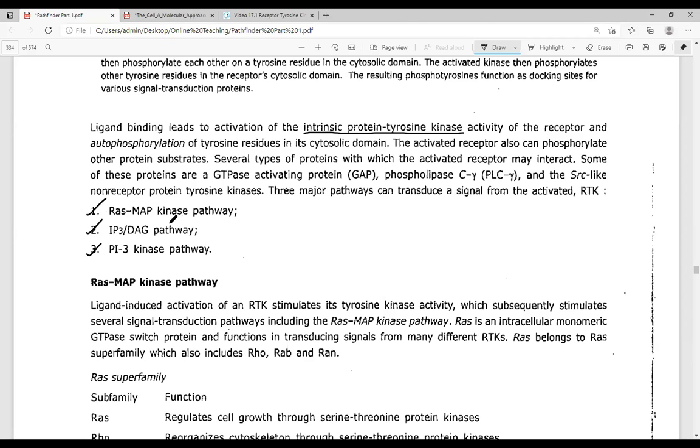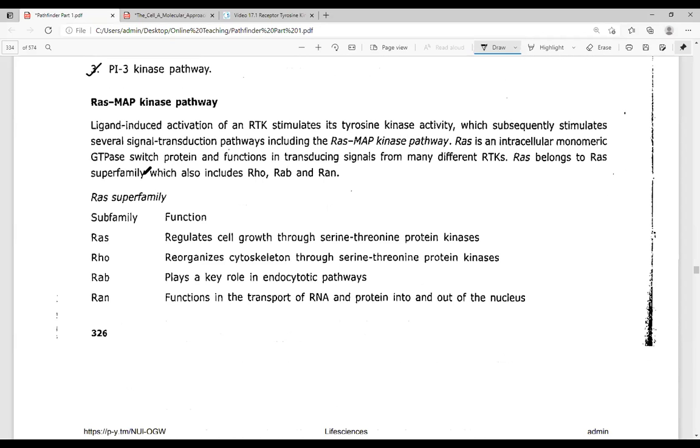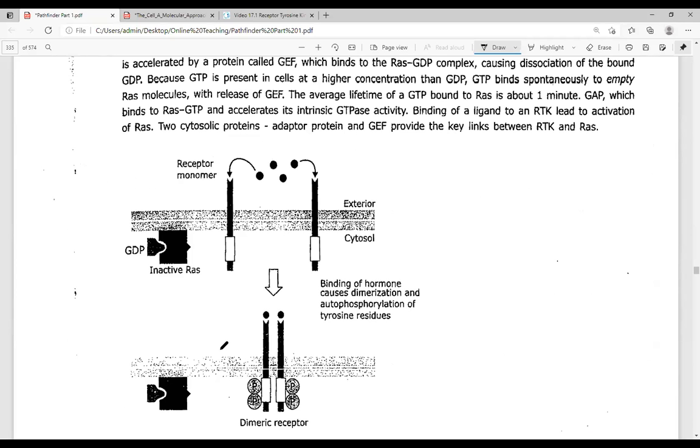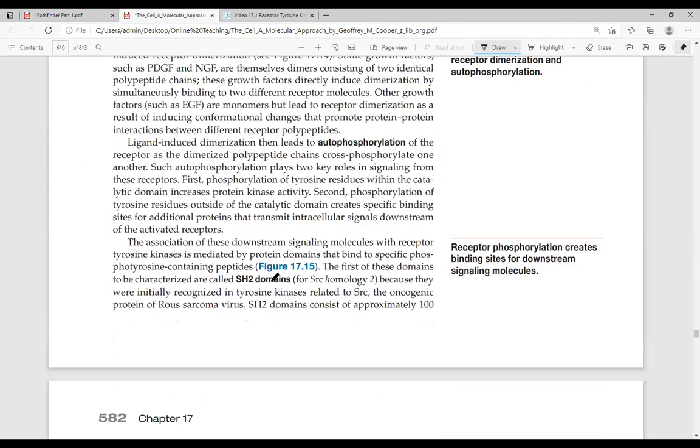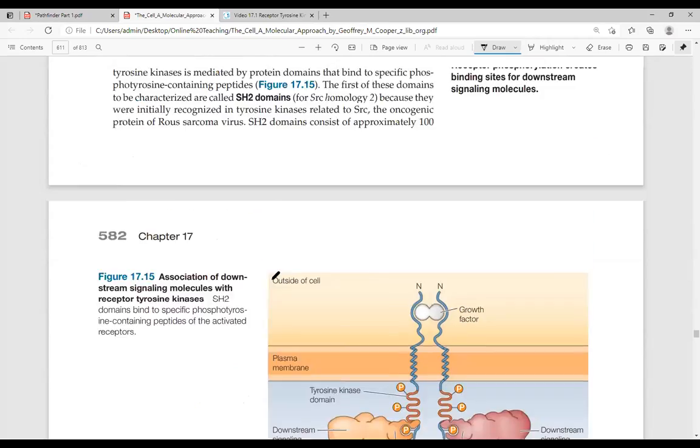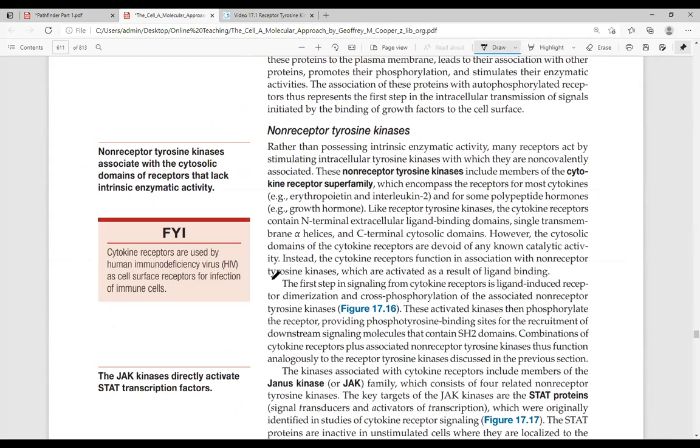These are the three pathways that are going to be induced in the cell. How these three pathways are induced is what we have to see. First is the RAS MAP kinase pathway. Now, what do we mean by this RAS MAP kinase pathway? How does the RAS MAP kinase pathway act within the cell?